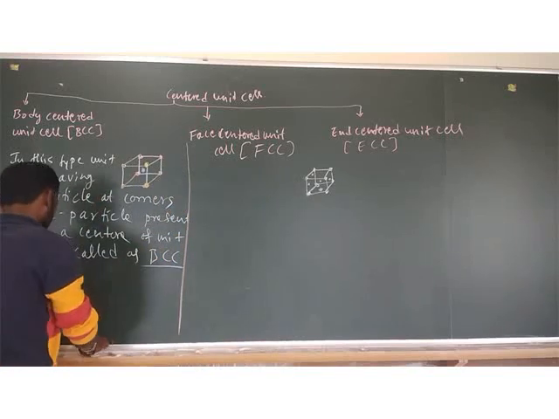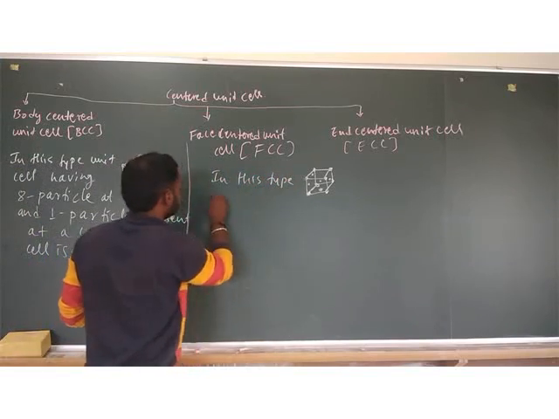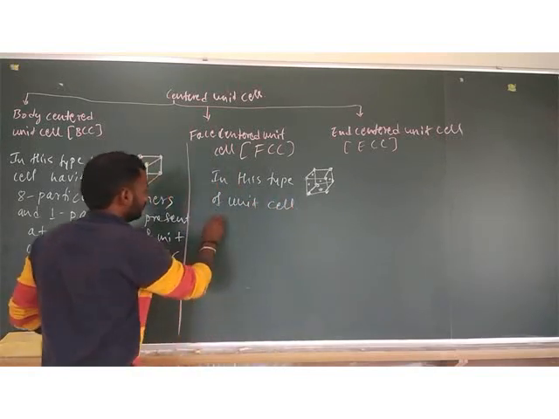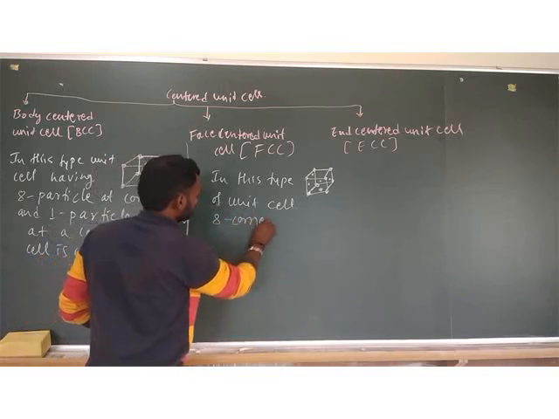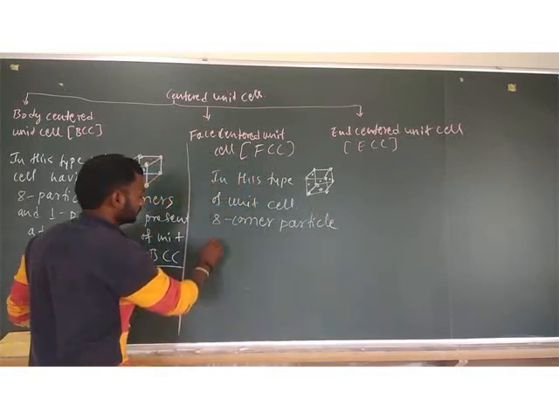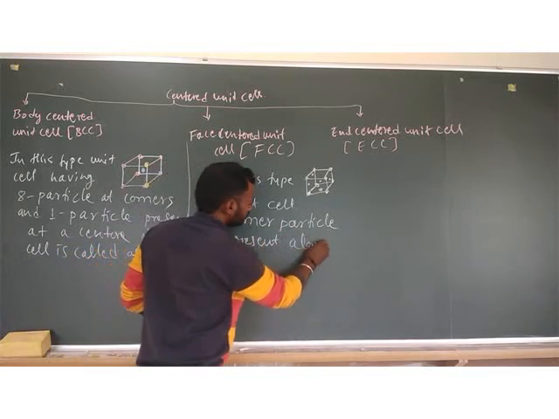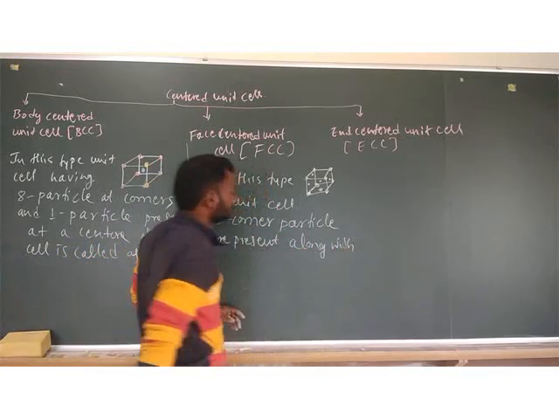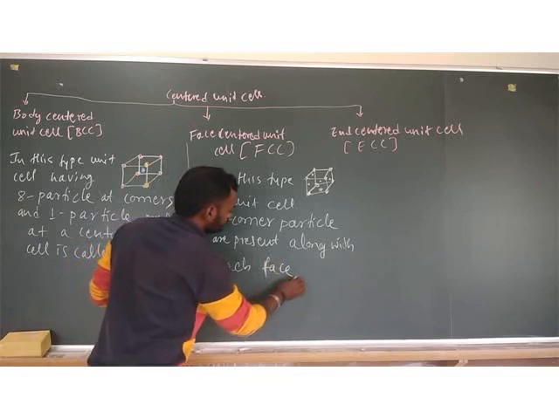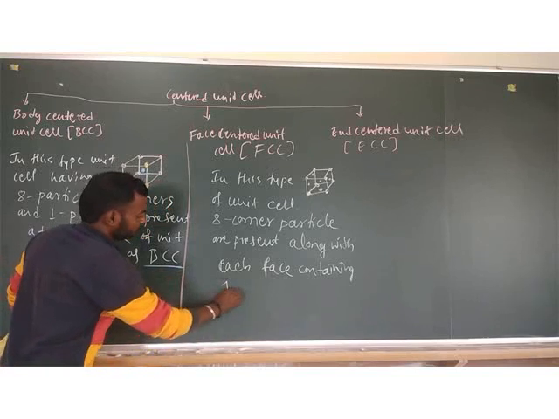So the definition of this type of unit cell: 8 corner particles are present along with each face containing one particle.